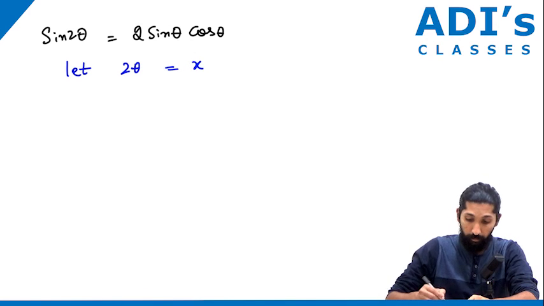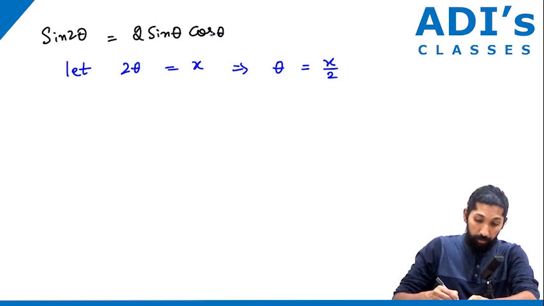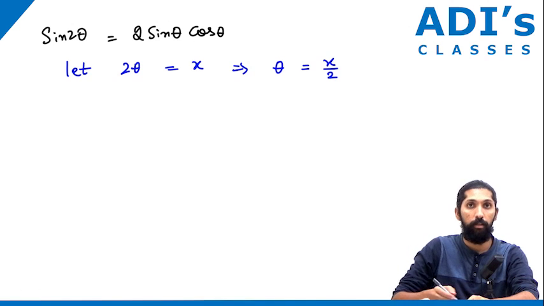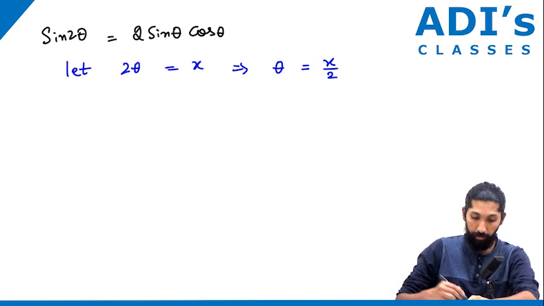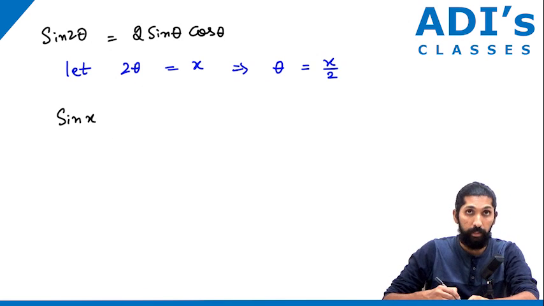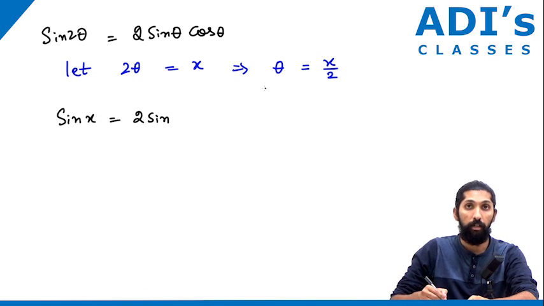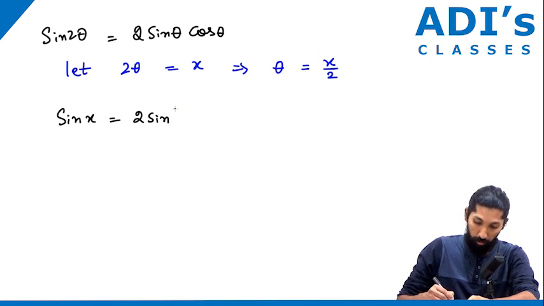Then what is theta? Theta is going to become x by 2. Substitute that value in the formula. So if you substitute, you are going to get sin x, because 2 theta is equal to x. Sin x is equal to 2 sin, what is theta? x by 2. 2 sin x by 2 cos x by 2.